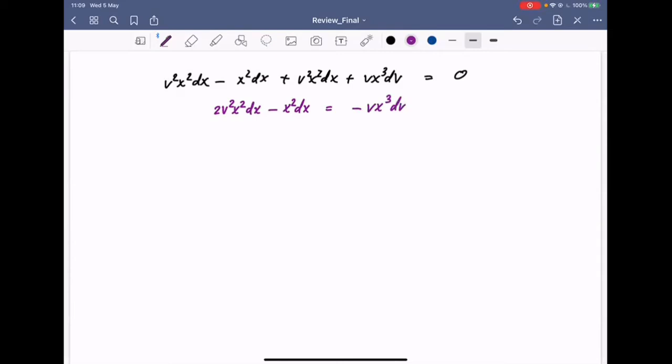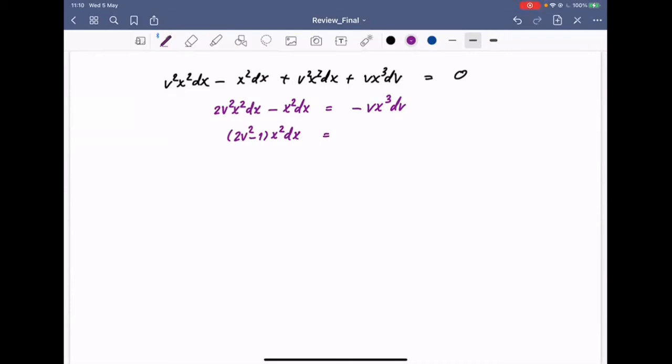On the left-hand side I can pull out (2v squared minus 1) x squared dx, because x squared dx is common to both terms.